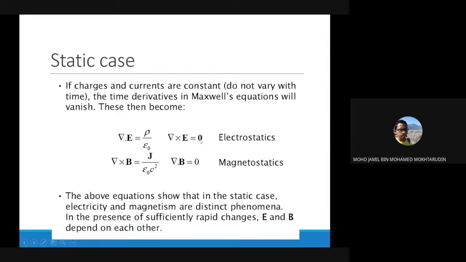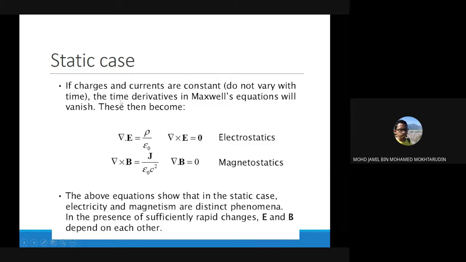So usually we analyze the electromagnetic equations in static cases. We can also analyze the dynamic case, but for the static case, we assume that the charge and currents are constant. They don't change with time.